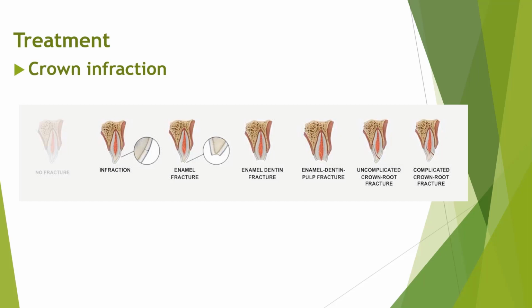Complicated crown root fracture, the level of a root fracture here will determine the treatment. Extraction is usually indicated if the coronal segment includes more than 1/3 of the clinical root, or in case of vertical root fracture. Otherwise, the tooth may be treated endodontically and restored.